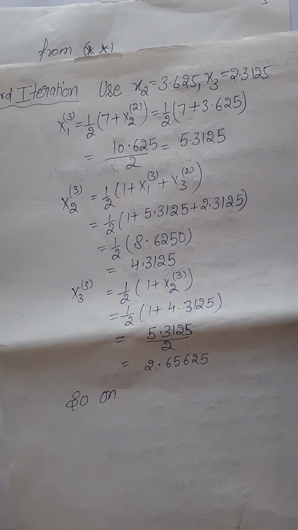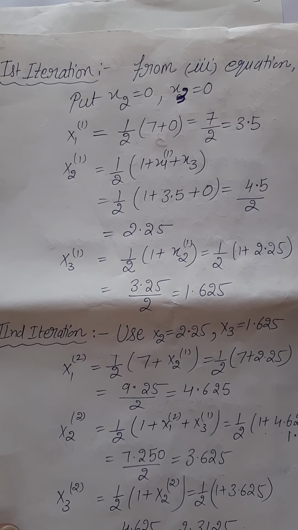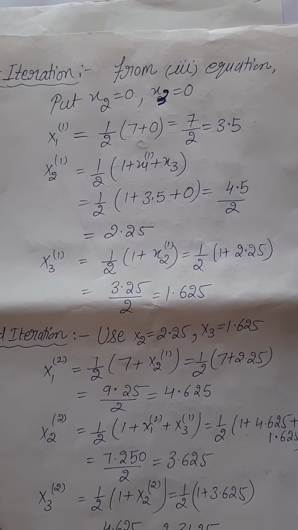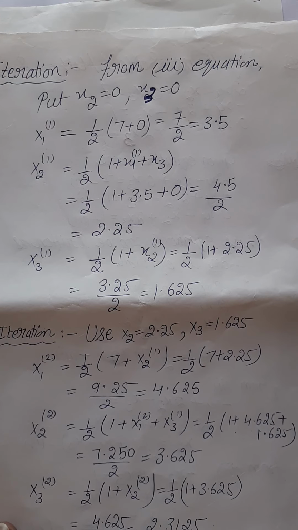Now our next step is to apply our first iteration process. For this, we name our three equations third, fourth and fifth. You can see on the last pages like this.